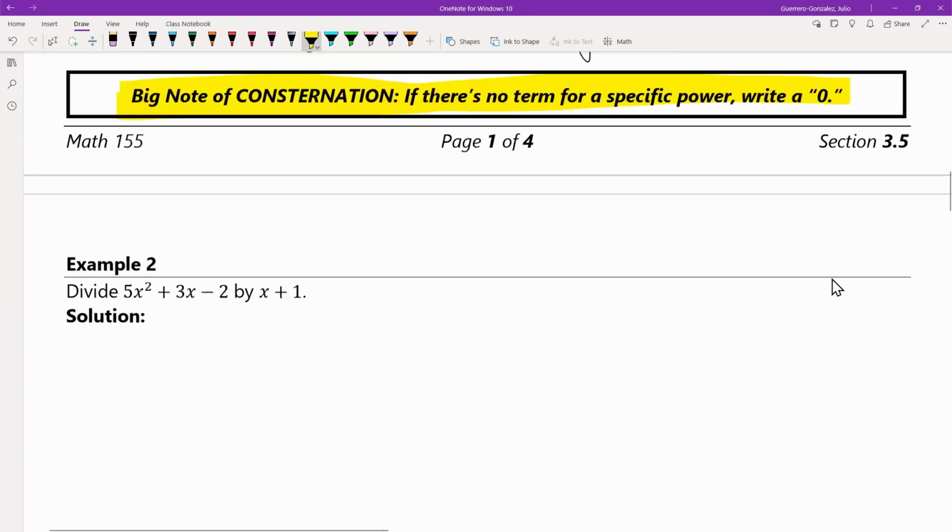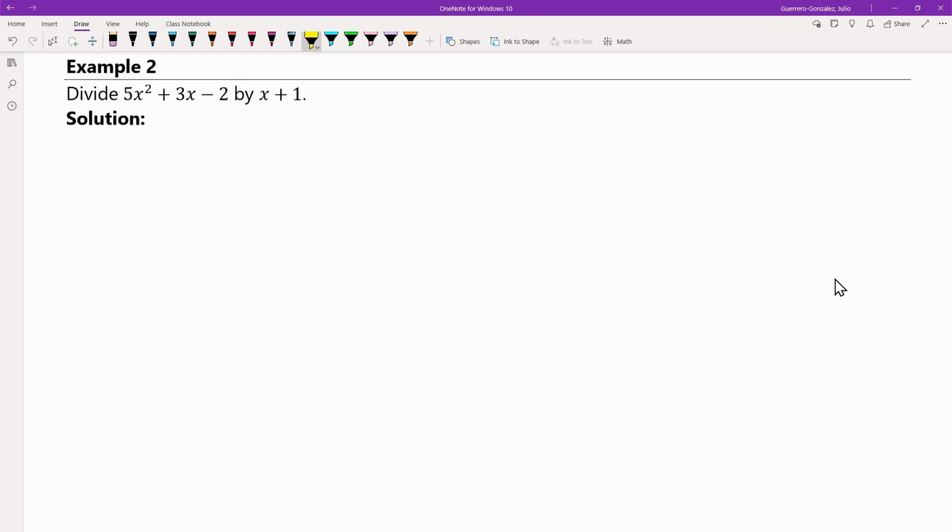Okay, let me do one more example. This one. The setup is still the same. I need to do 5x squared plus 3x minus 2, and I want to do the division by x plus 1. I'm going to move it down a little bit so I get more room.